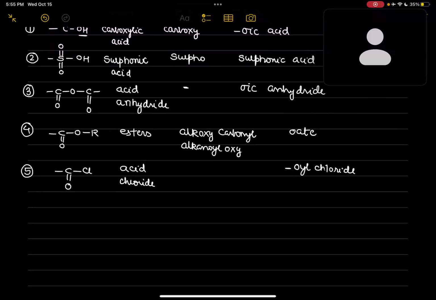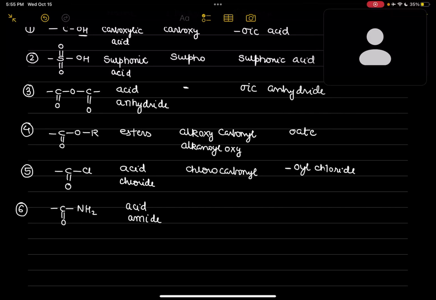So the prefix is chlorocarbonyl. Then you have another carboxylic acid derivative, amide. So let me write it first. It is known as acid amide or carboxylic acid amide, which is the complete name.